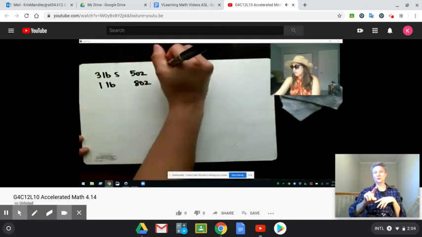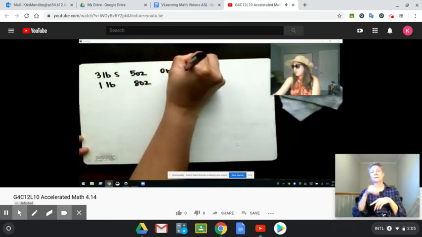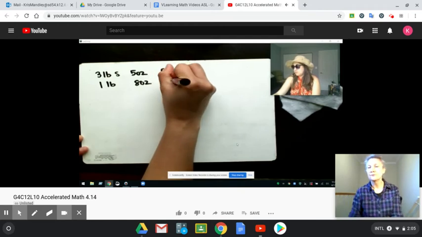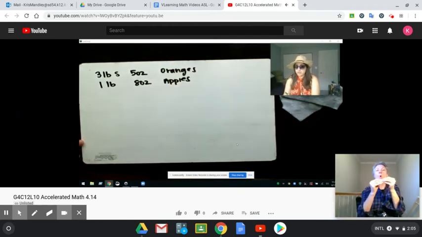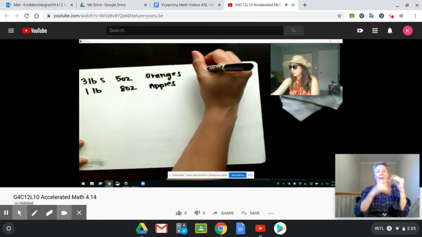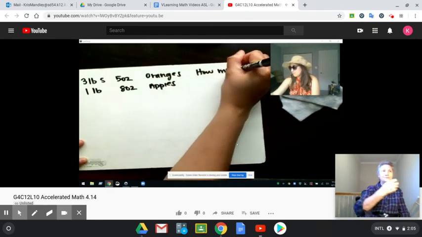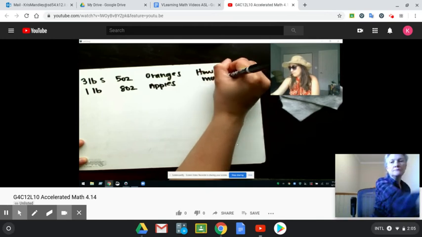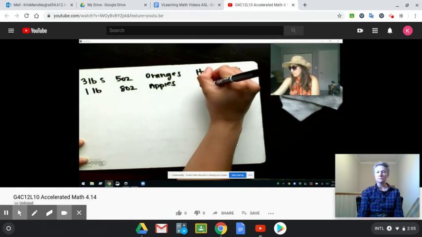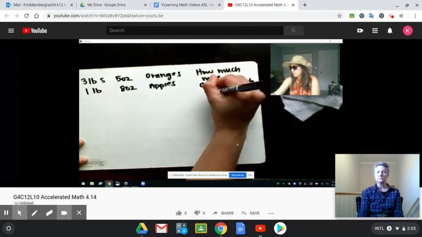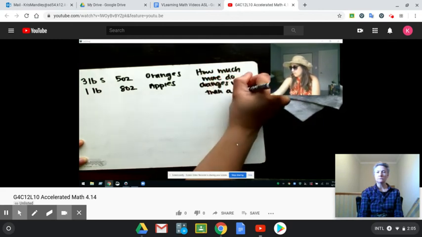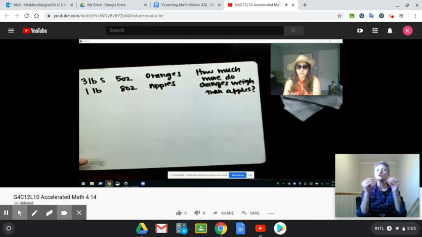So these are my oranges. These are my apples. And I want to know how much more do the oranges weigh than the apples? So how much more do those oranges weigh?